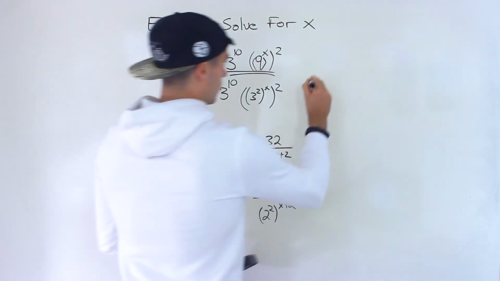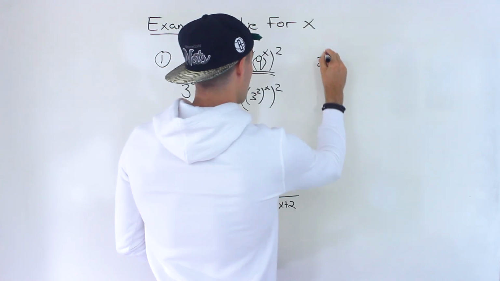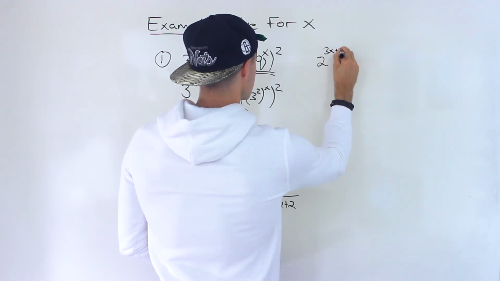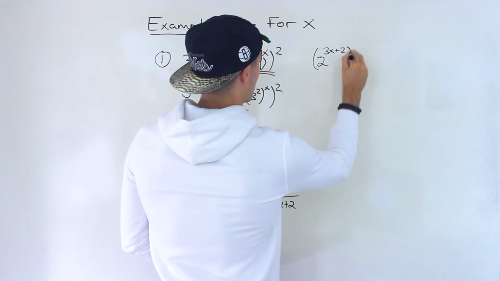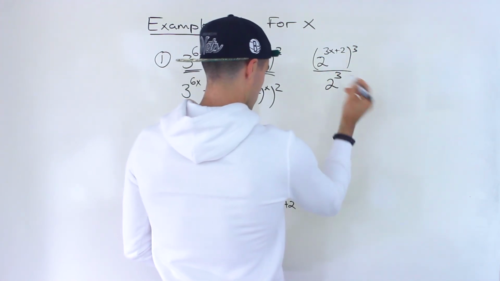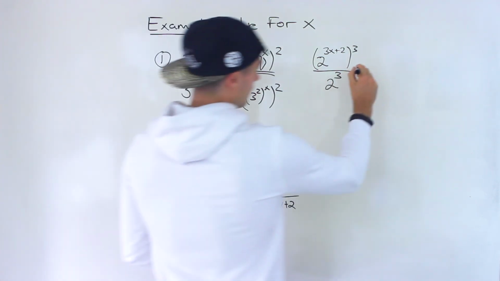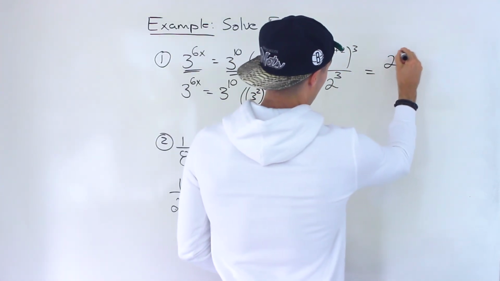So continuing this here, we'll have 2 to the power of 3x plus 2. That's going to be to the power of 3 all over 2 to the power of 3, like that. And then over here, we'll have 2 to the power of 5.